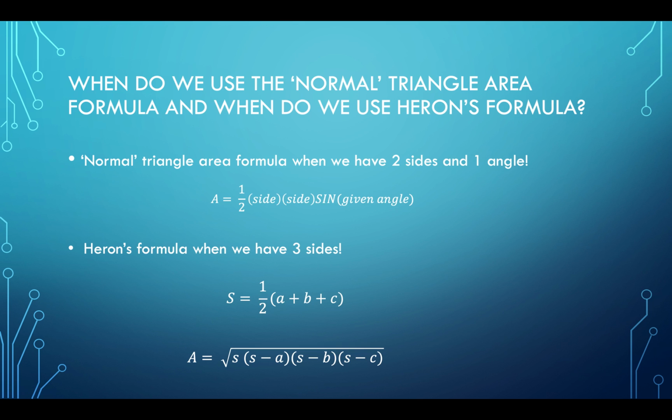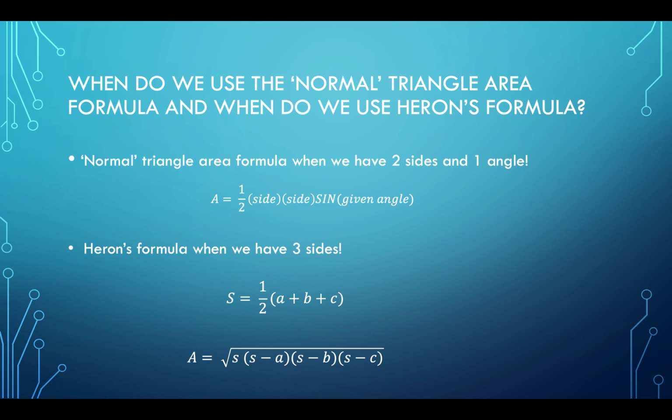Once we get that number there, as I've seen in some of you when you're doing your homework, some of you are stopping at this point and telling me that this S is your area. That's only the semi-perimeter, so what you've got to do now is take this S and plug it back down into the actual area formula.